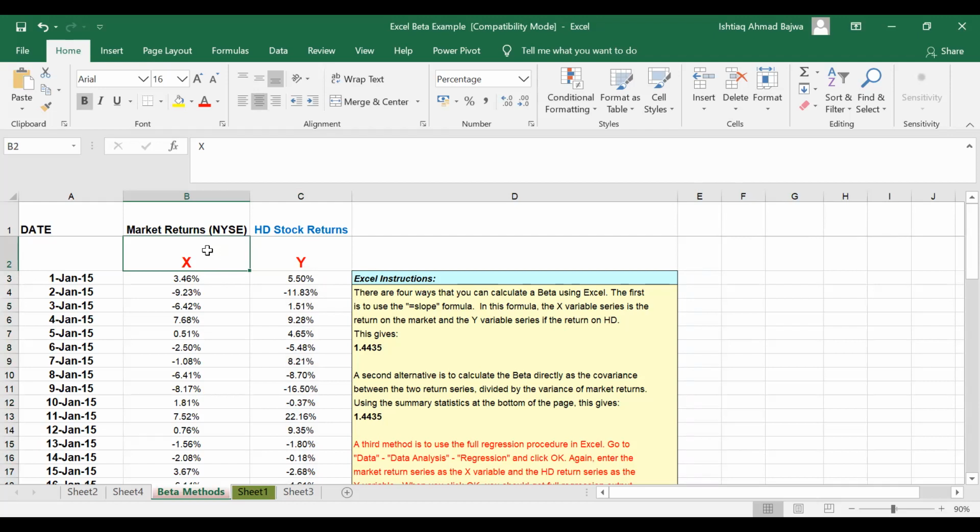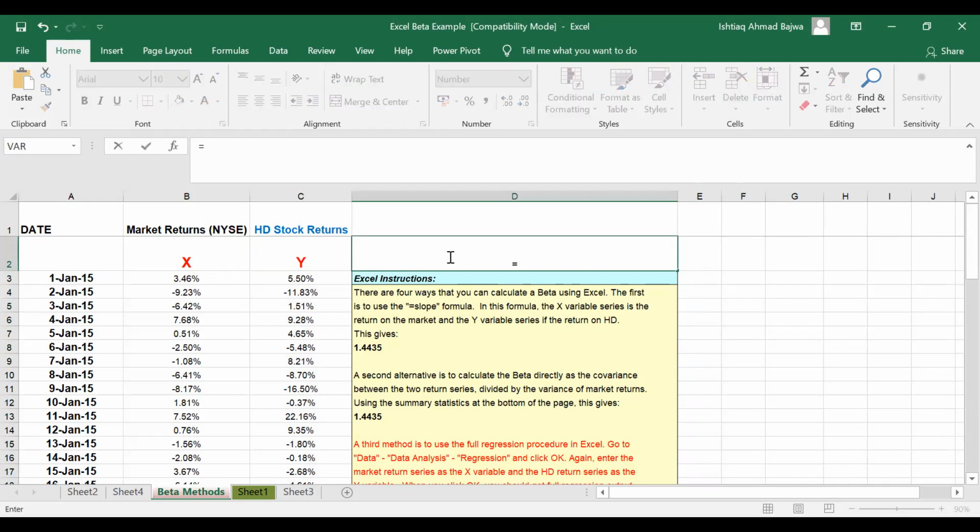Okay. Then if we need to calculate beta, I'll write over here somewhere the slope function. If I write the slope function like this, see, the slope function is appearing in front of me. That slope function says known Y's, comma, known X's. That means it says first select the known Y's.